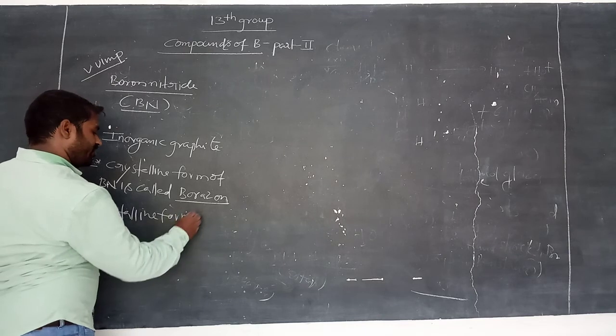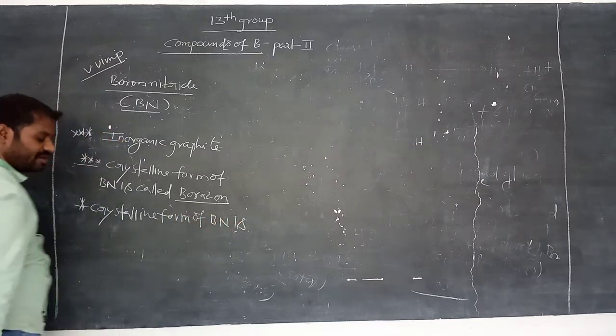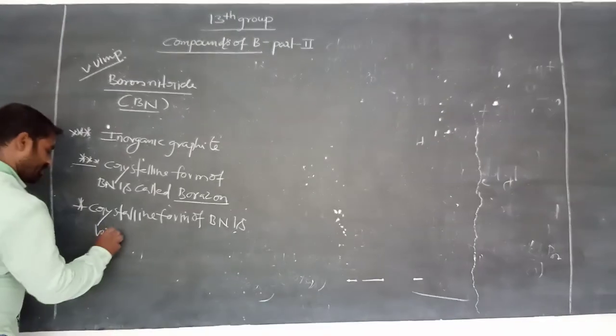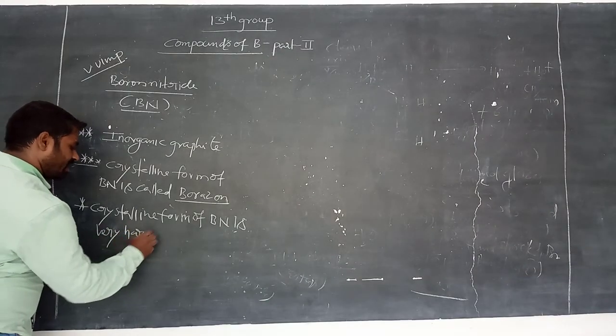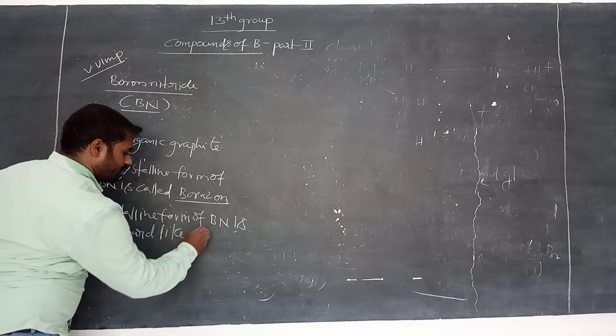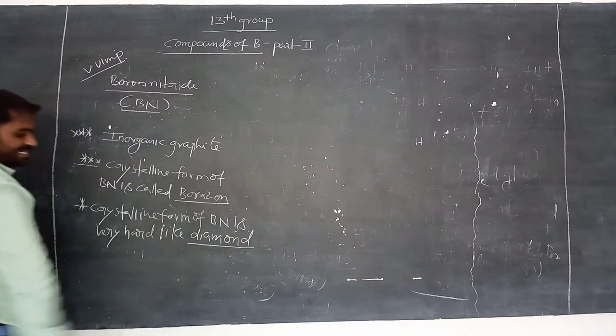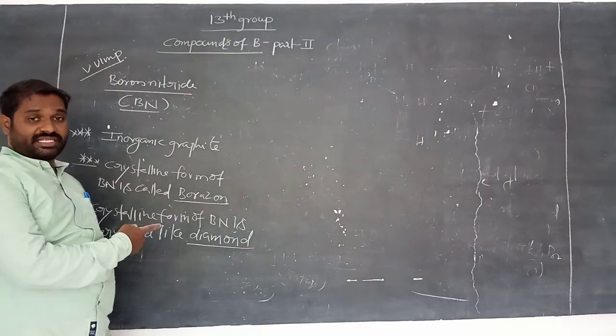The crystalline form of BN is very hard like diamond, even harder than diamond.